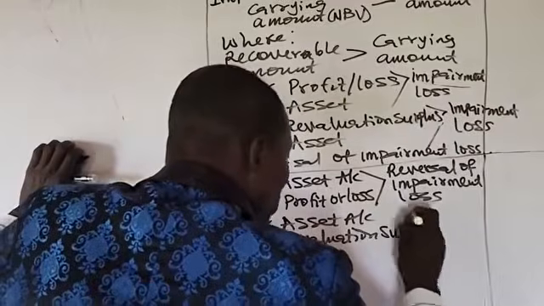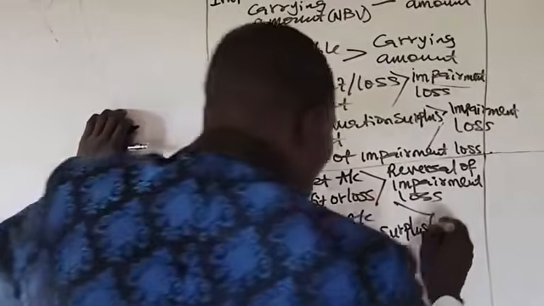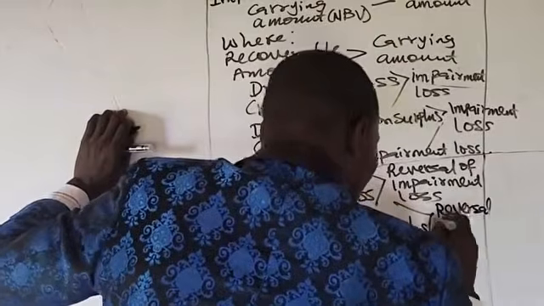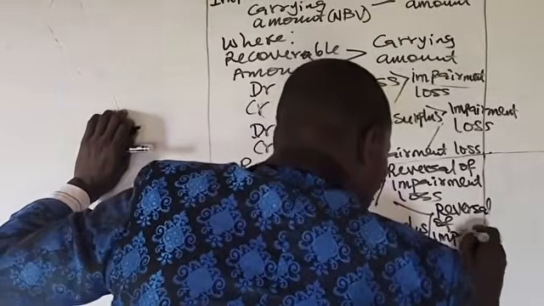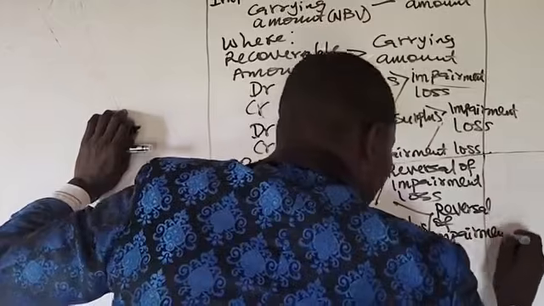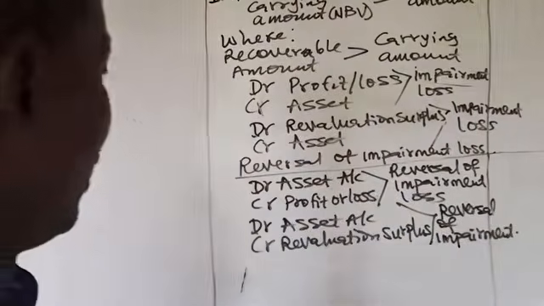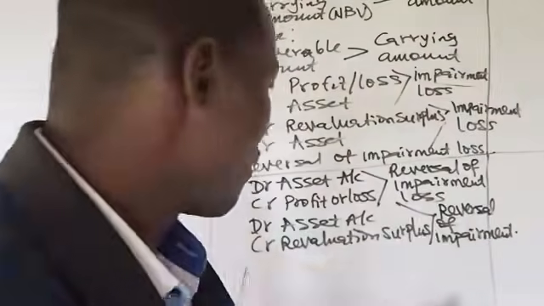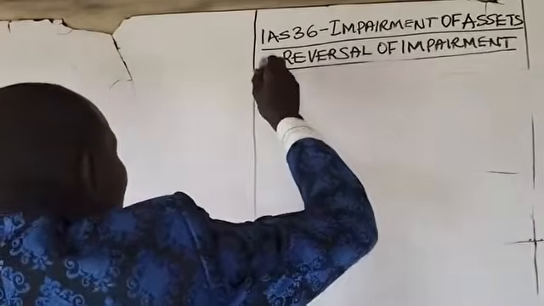That is the double entry you need to pass when the impairment loss is reversed. That is the treatment of reversal of impairment.